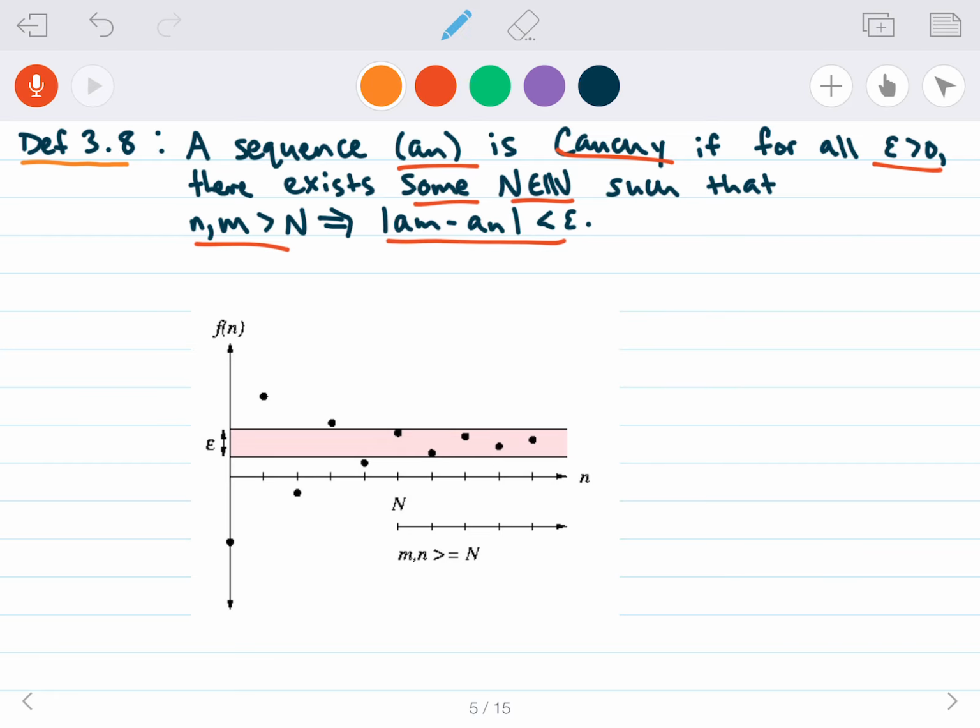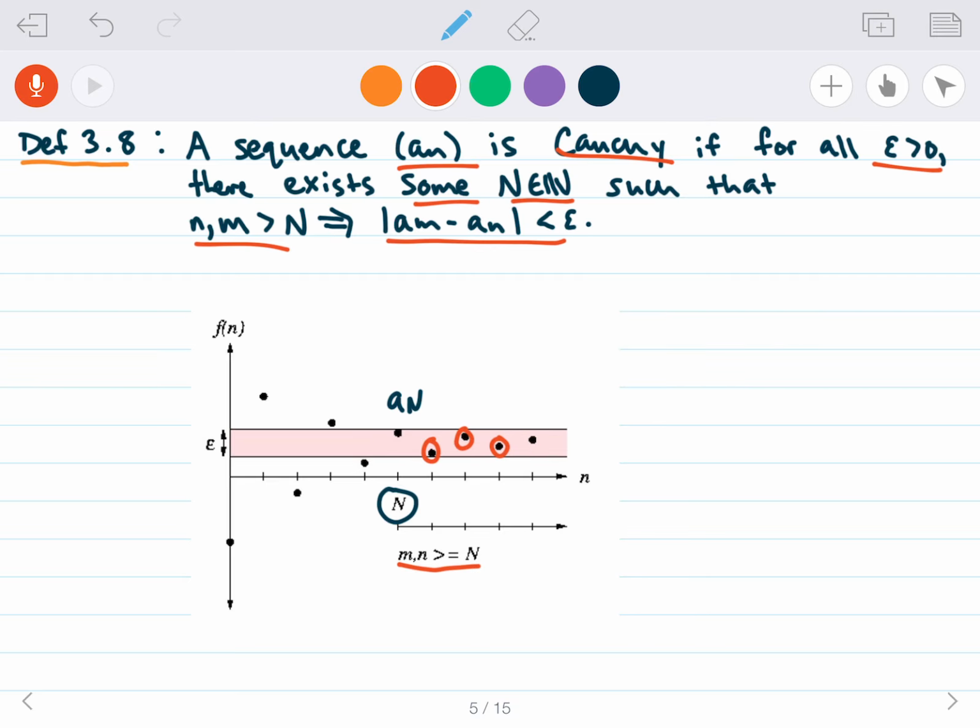And you can see in the picture here that that's exactly what this is illustrating. Here's our capital N, and this is the a sub capital Nth term. It's saying that all terms after, when m and n are bigger than capital N, are close to each other. So they're in this epsilon neighborhood. This guy and this guy are in the epsilon neighborhood; the distance between those is less than epsilon.